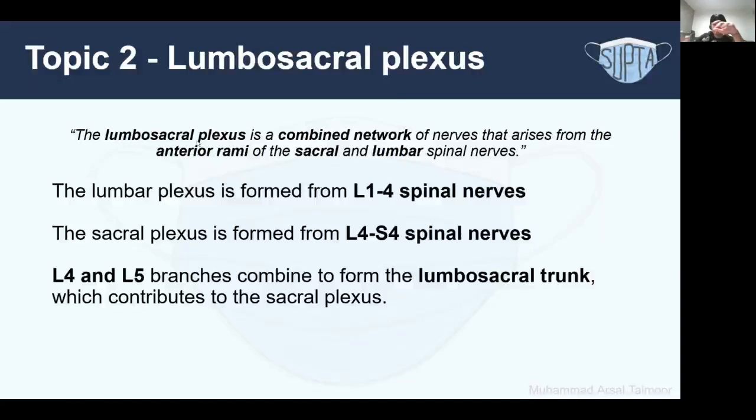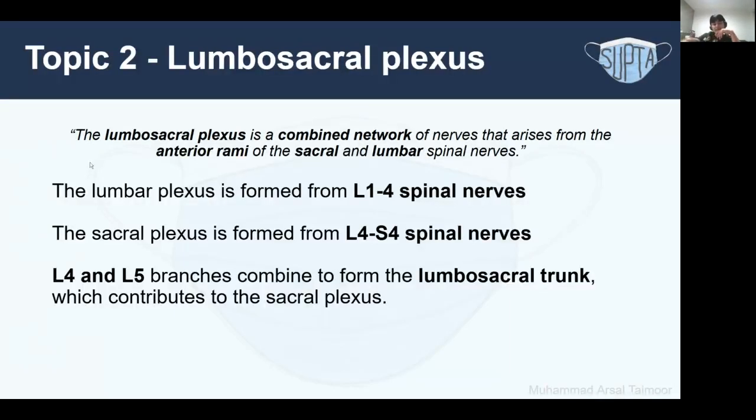Now, the lumbosacral plexus. Basically, you can divide this plexus into the lumbar and the sacral. It's the same thing, really. Plexus means network. Lumbosacral is the combined network of these spinal nerves. Now, rami, I mentioned earlier, means branches. Ramus is a branch, rami are branches.